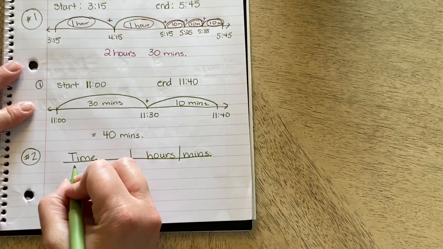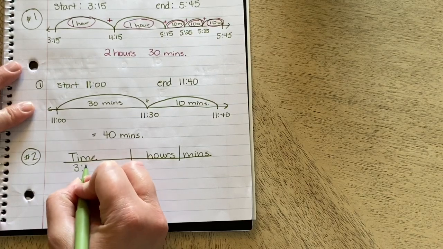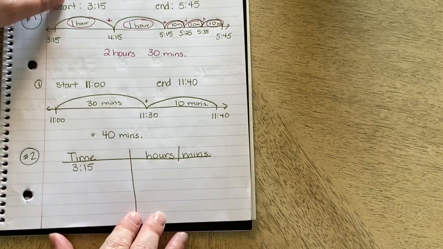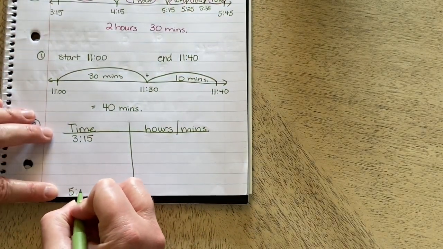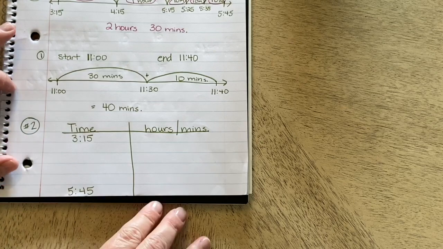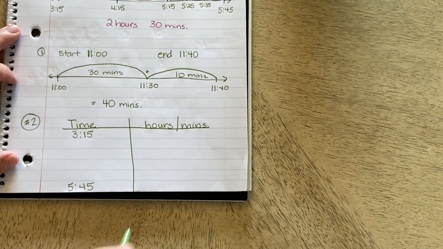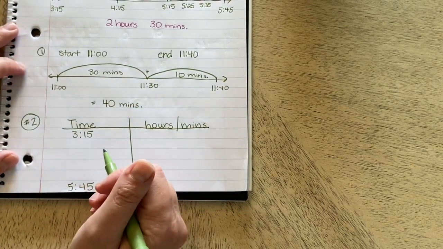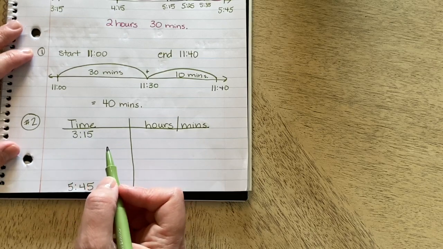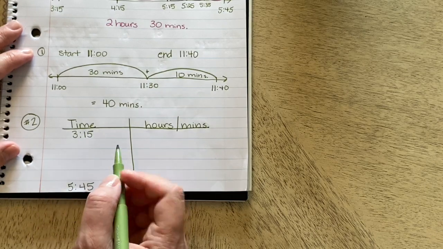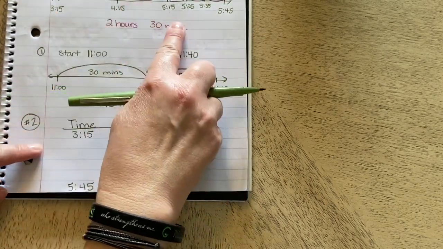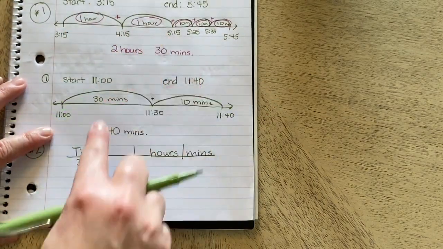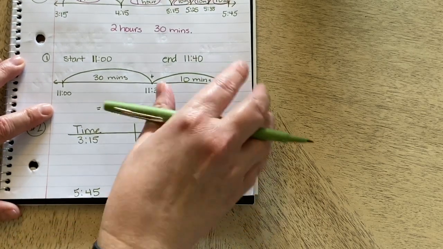So our beginning time was 3:15, and our end time was 5:45. Okay, and so we're going to add our time the same way we did on the timeline, but it's going to be in the chart.